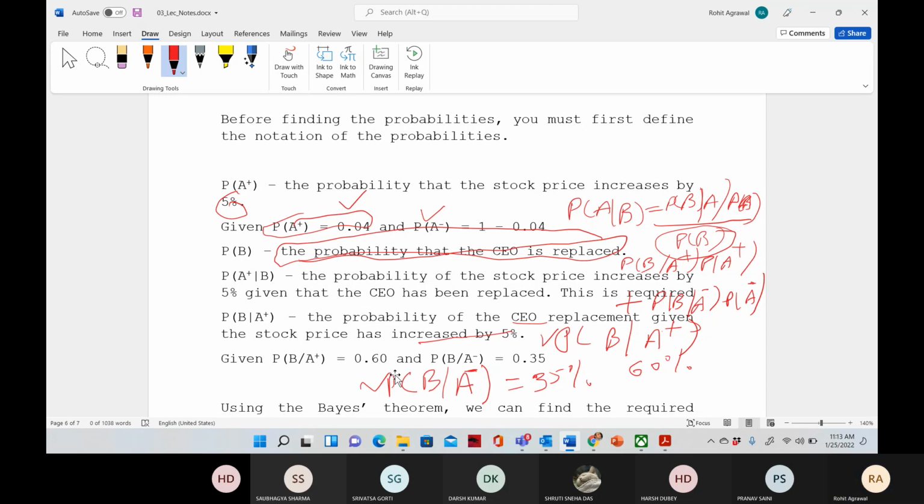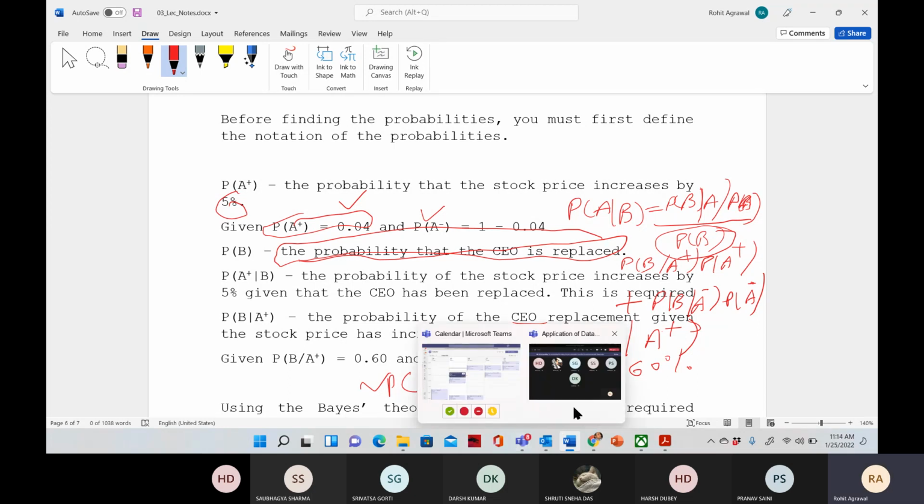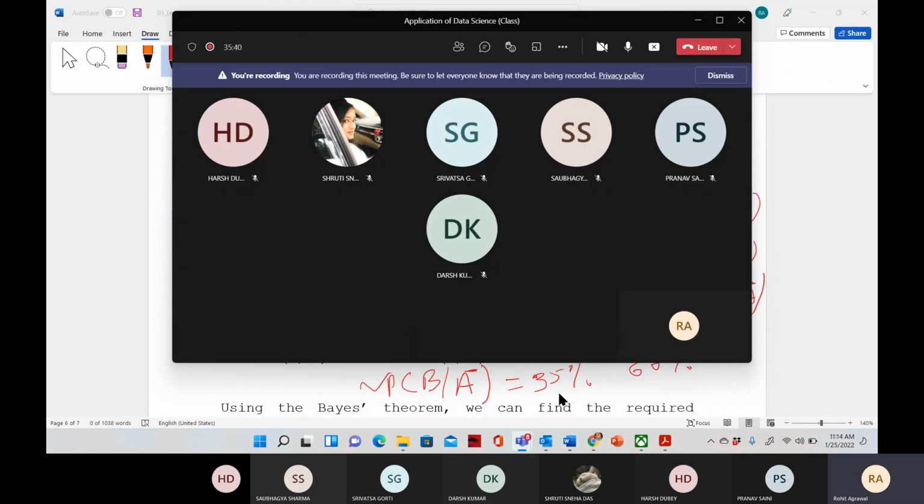ठीक है, चेक कीजिए व्हाट इज द आंसर. ये सॉल्यूशन क्लियर है ना टू ऑल ऑफ यू? हर्ष, श्रुति, श्रीवास्तव, नेक्स्ट इज प्रणय, दर्श.